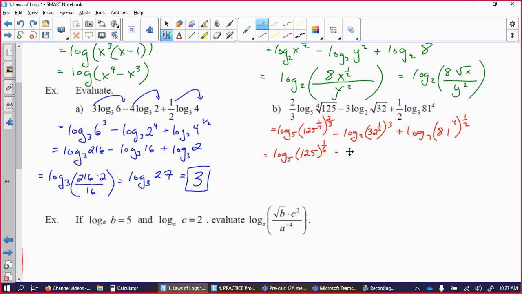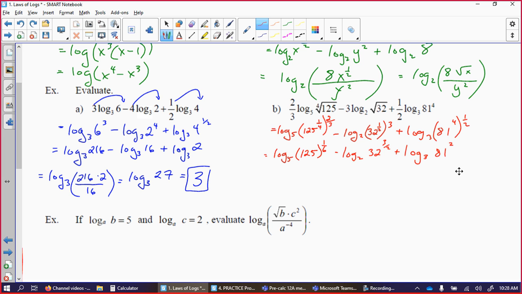It doesn't make a whole lot of difference. Because we see these pluses and minuses, we actually don't have to do anything with them. So this is log base 2 of 32 to the 3 halves, log base 3 of 81 squared.